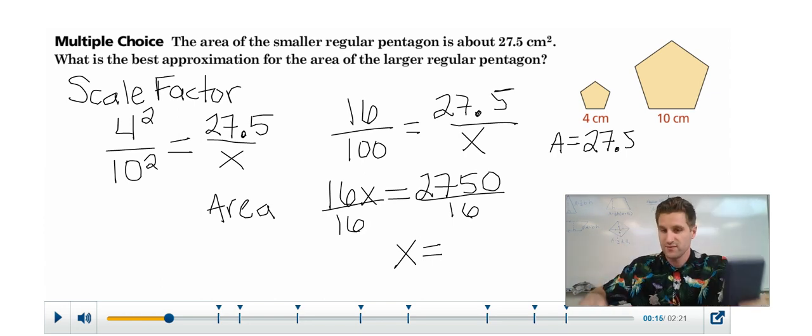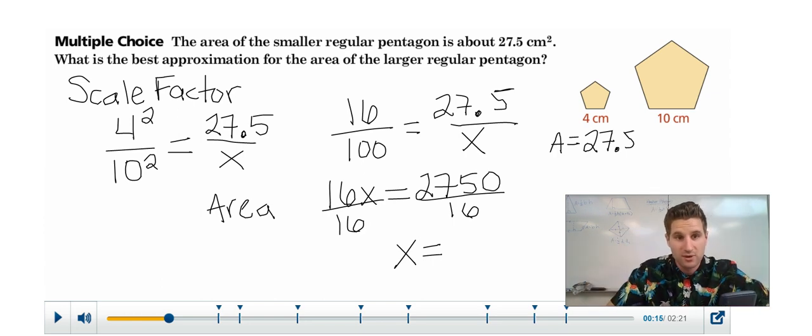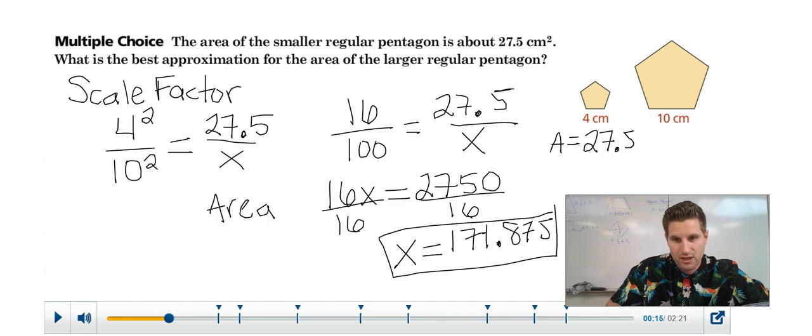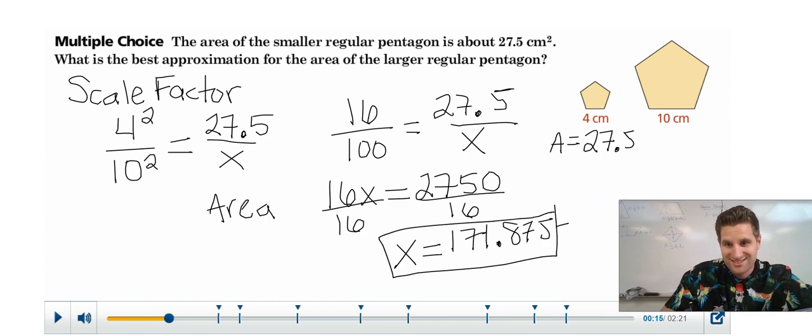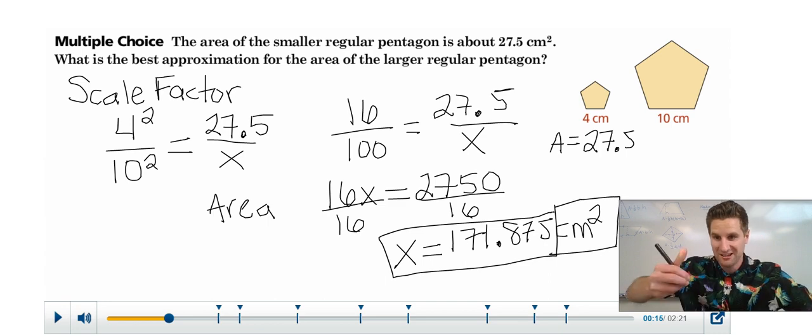And we're going to get this fun decimal number. This would be our best approximation. And what I forgot is centimeters squared. There we go. Added it on at the end.